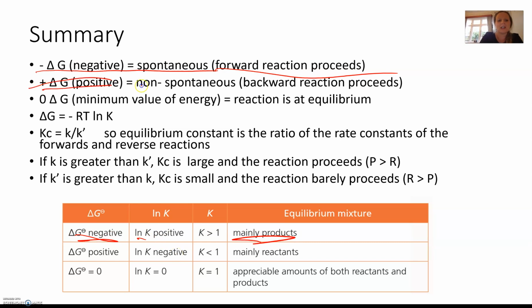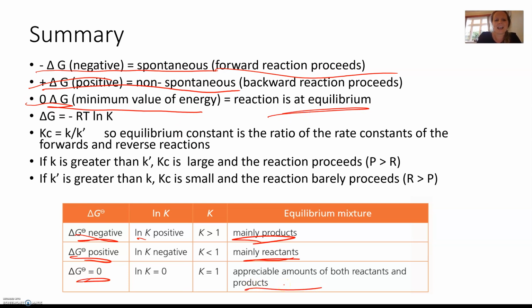A positive G is non-spontaneous, which means mostly reactants, so the backwards reaction is being favoured. And a zero G, minimum energy, is equilibrium. Now we can link that to Kc because if you've got mainly products, your Kc will be greater than 1. Mainly reactants, your Kc will be less than 1. And with equal amounts of both, your Kc will be 1, which is really cool.